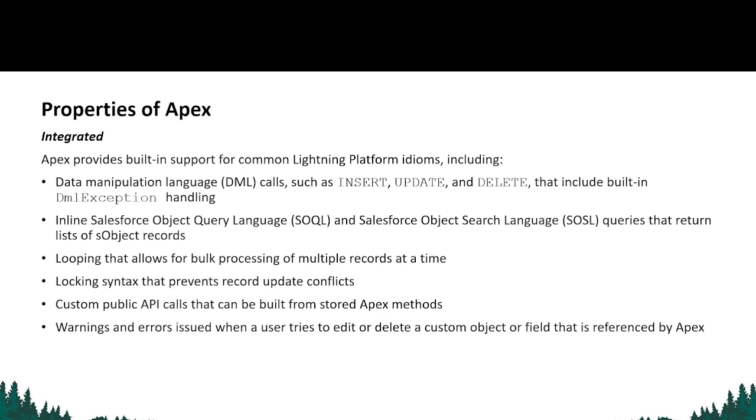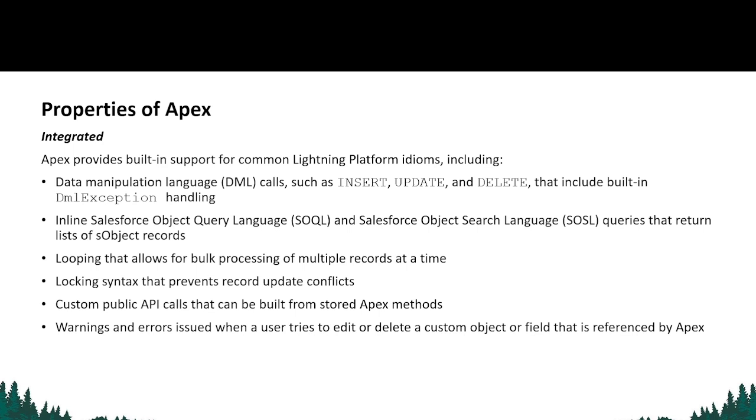Then we can also have public APIs that can be customized, and we can call those custom public APIs and build the Apex method, because the Lightning platform is customized, and we can use the different Apex methods.